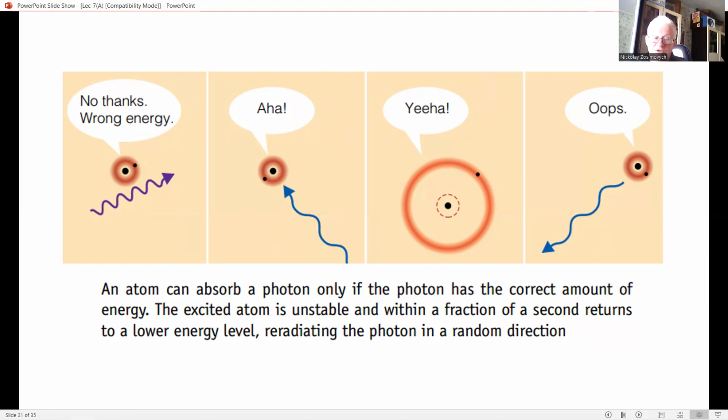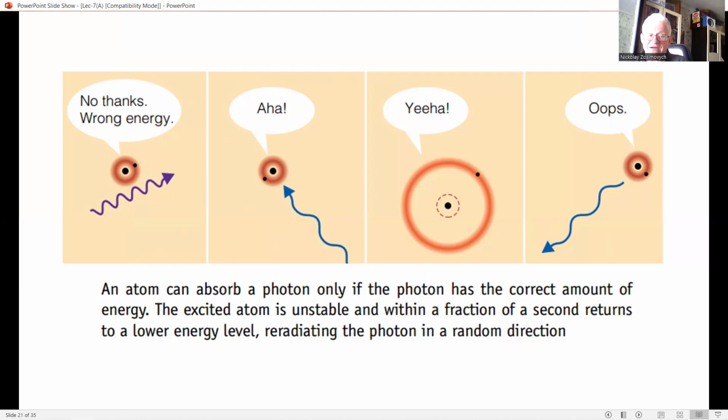As a result, you can identify the elements in a gas by studying the characteristic wavelengths of light that are absorbed or emitted. The process of excitation and emission is a common sight in urban areas at night.